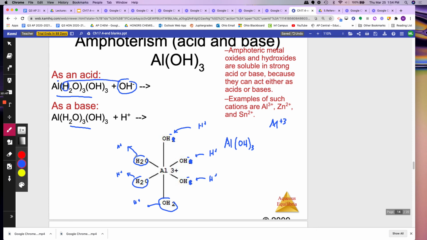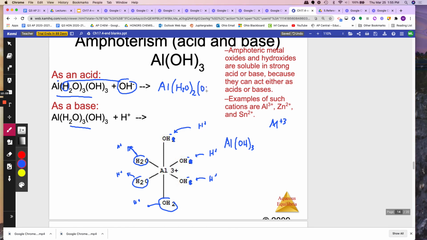So now you have aluminum. You used to have 3 waters, now you only have 2. And you used to have 3 OH minuses, now you have 1 more, so now you have 4. And that's how you write it.